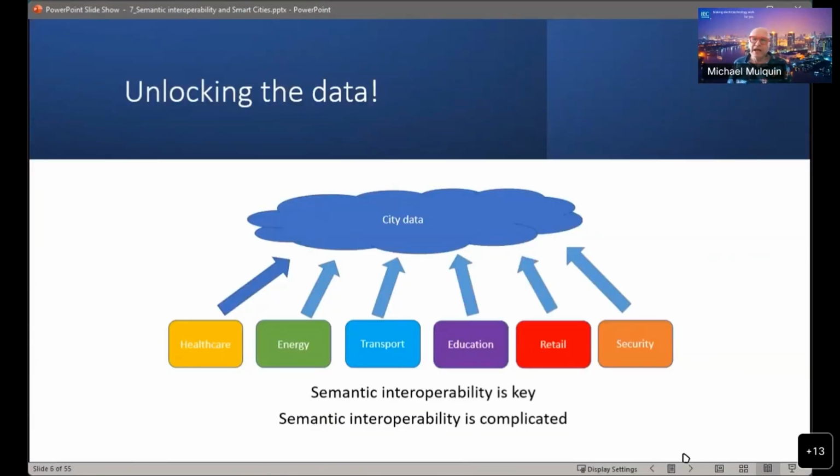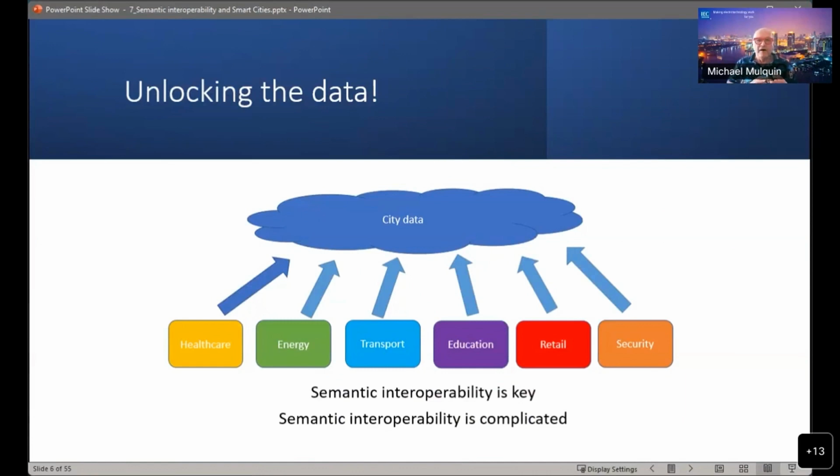So this is the challenge. We've got many different city systems, and of course, as we've already heard so well, even within each city system, like healthcare, they're very complicated. It's not just that there's one single agency managing healthcare in a city, or energy, or transport.